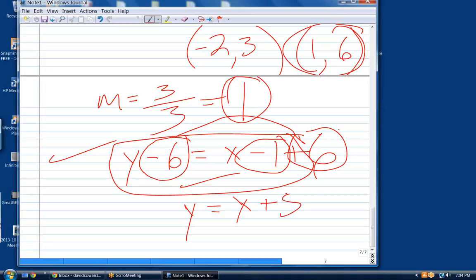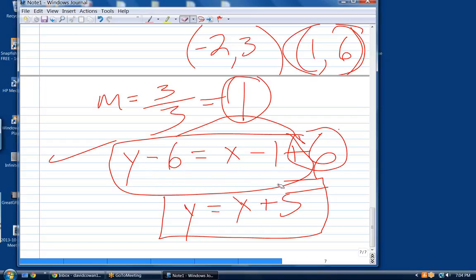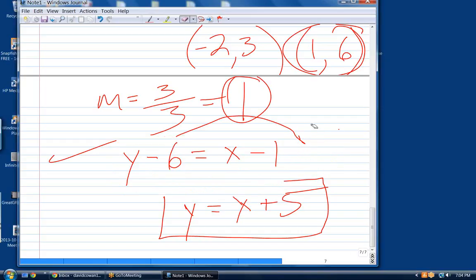It's plus 5. So there's our equation in slope-intercept format. Same equation as point slope, it just looks a little different. In other words, this equation's the same as this equation.